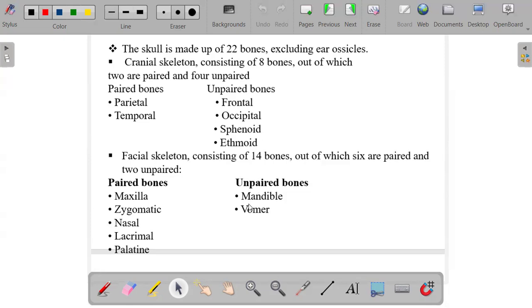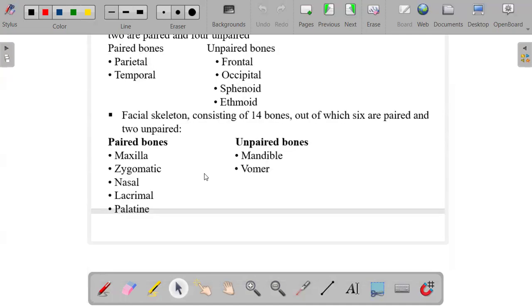Okay, so now we're going to look at the joints of the skull that help in joining these bones. The bones of the skull are united at immovable joints, like we said, which are called the sutures. The connective tissue uniting these bones is called sutural ligaments.